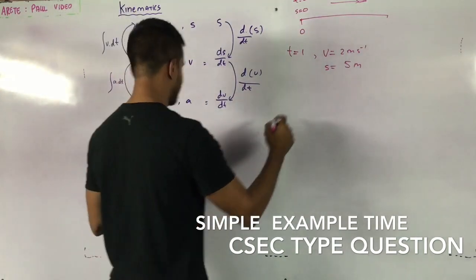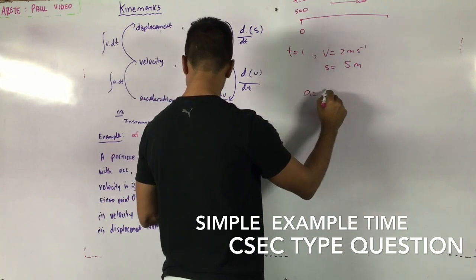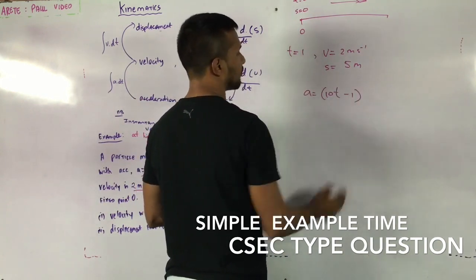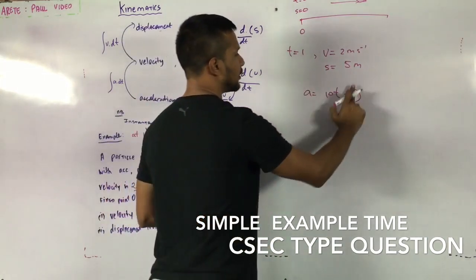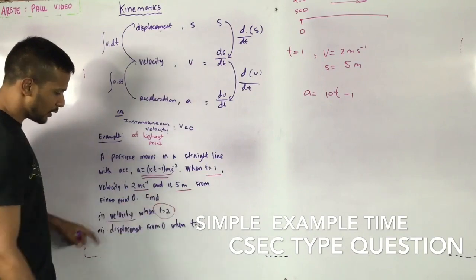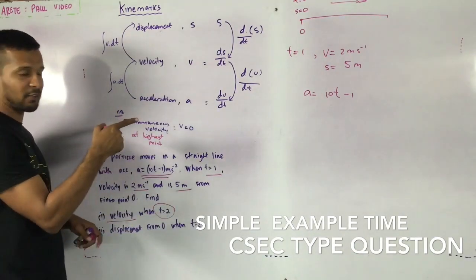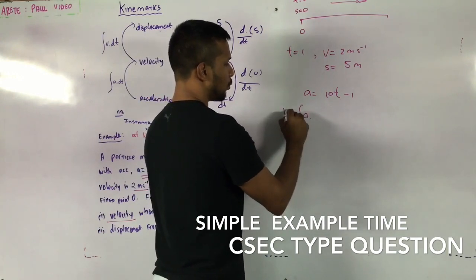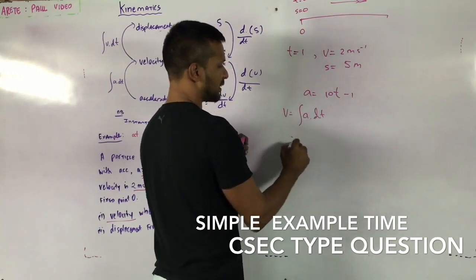Now we need to start working. We know a is equal to 10t minus 1. The first part is to find velocity when t is 2. We need velocity, but we have acceleration, so if I integrate acceleration with respect to time, I'll get velocity.